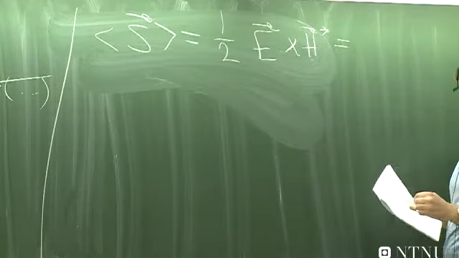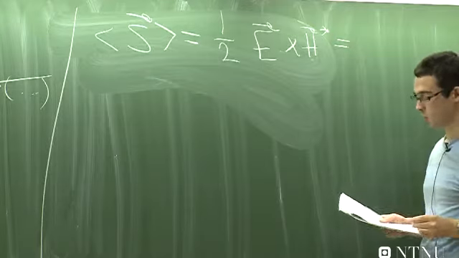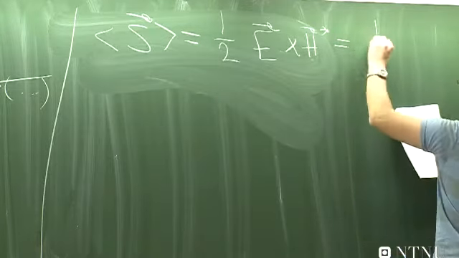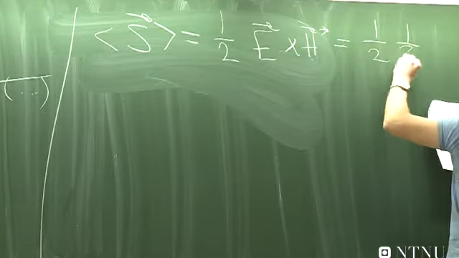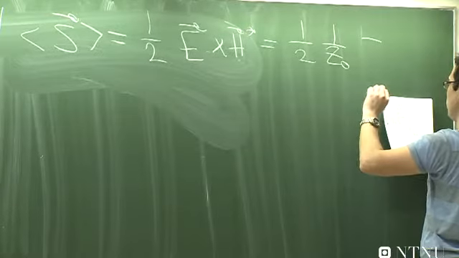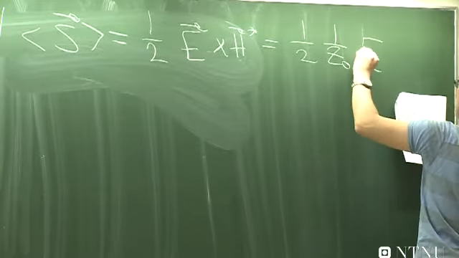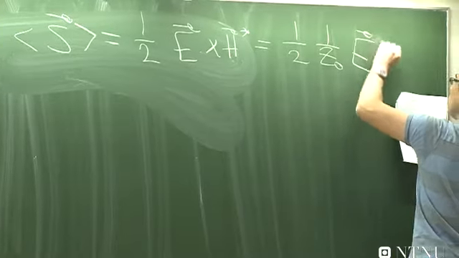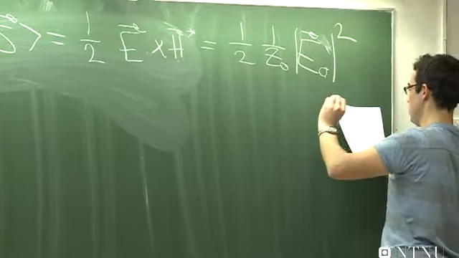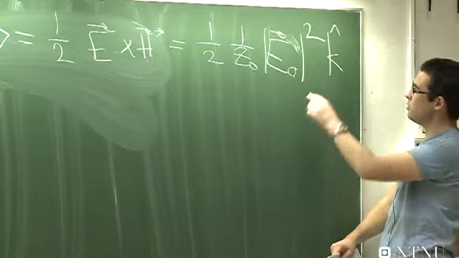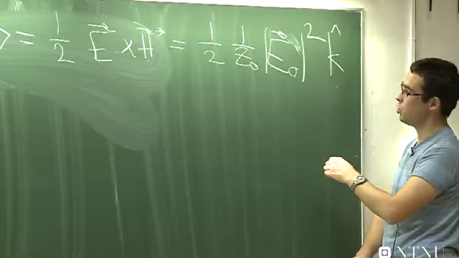And if I now insert for H is equal to K cross E, as I did before, then I will get that we have half, let's see if I get this right. Okay, so the vector is pointing along k hat, as it should.